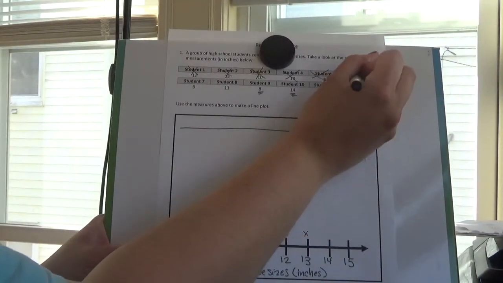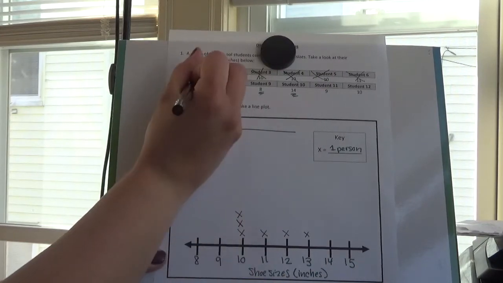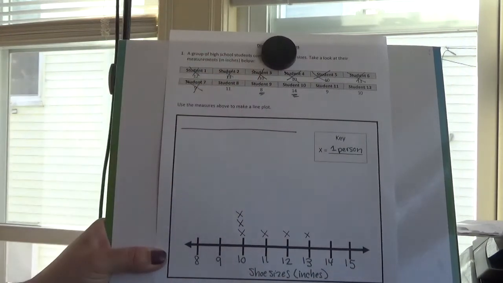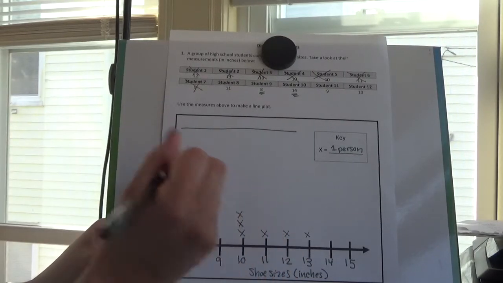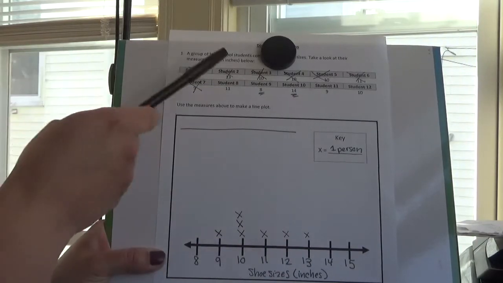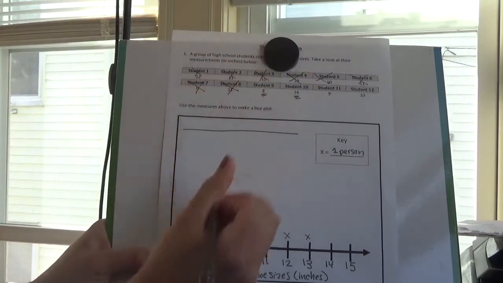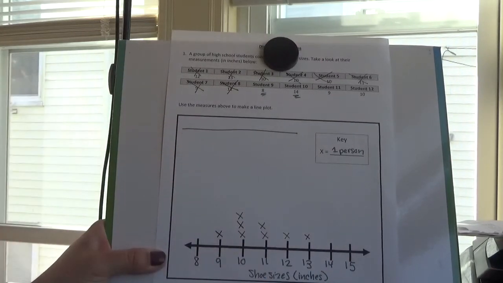Student number 6, that's size 11. So I'm going to draw an X on top of that. Student number 7, that has a size 9, or he or she has a size 9. So, yep, he or she, we don't know. So I'm going to draw an X right there. Student 8, size 11. Going to go to 11, draw an X right on top of the one that's already there.